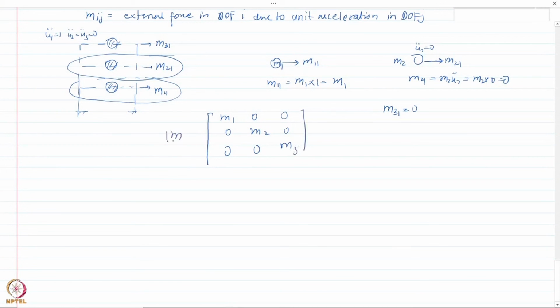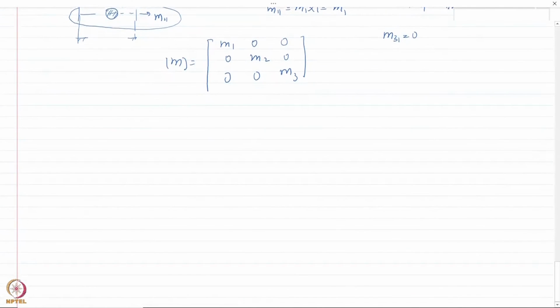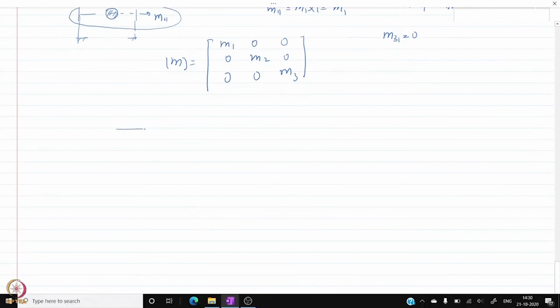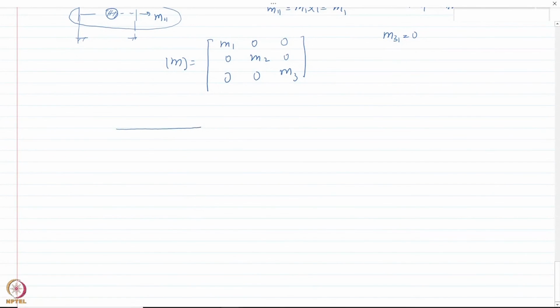Okay, this is your mass matrix. And as I previously mentioned, you would always get a diagonal mass matrix for a lumped mass system. However, consider cases where you have a bar with distributed mass, supported by springs, so that you represent the deformed position through 2 degrees of freedom, let us say u1 and u2, because in general it can rotate and it can translate.